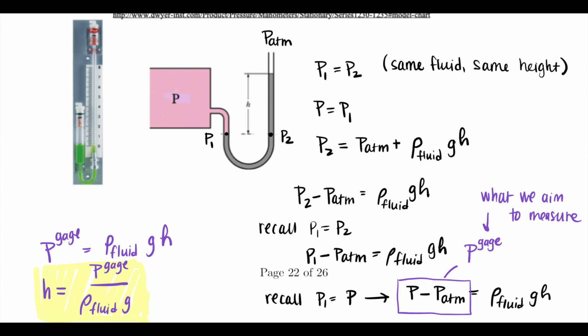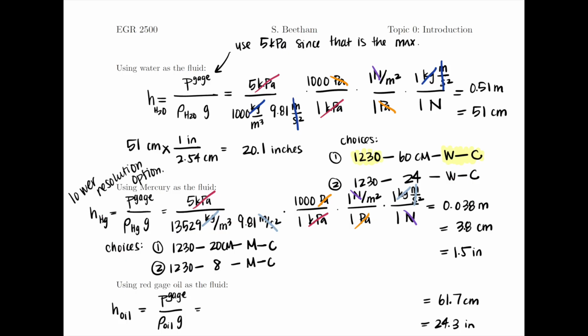So we have that H is just our gauge pressure divided by the density of our fluid times G. All right, so we have this equation, and this is what we're going to use for the rest of sorting out this problem. We're going to figure out what the H works out to be given those three different fluids in our manometer.